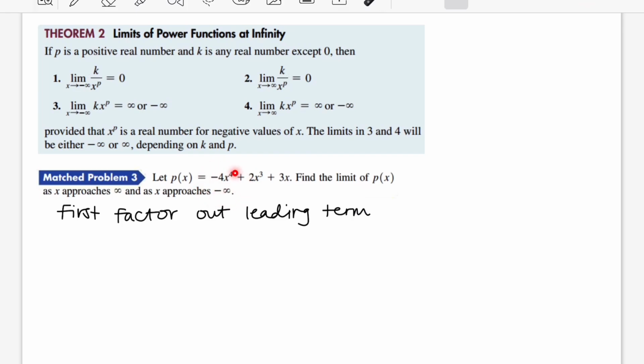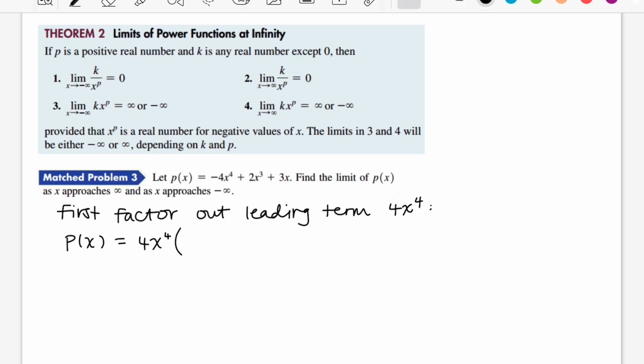So in this case, our leading term is the negative 4x to the power 4. Now, factoring this out, I'm not going to take out the negative. You can, if you want, have the negative 4x to the power 4 here, but I'm just not going to do that in this example. You'll end up with the same answer.